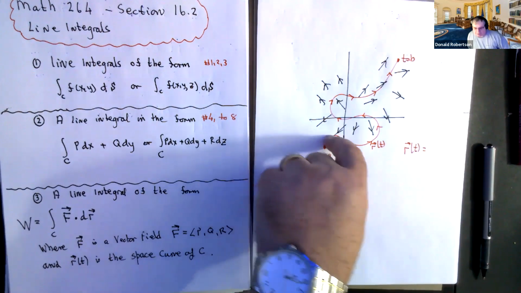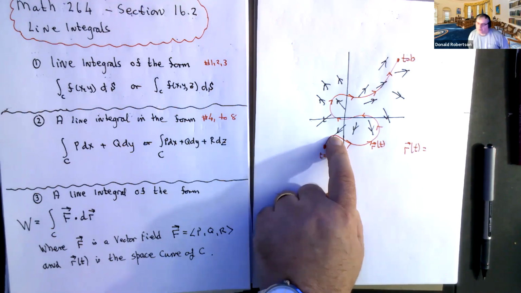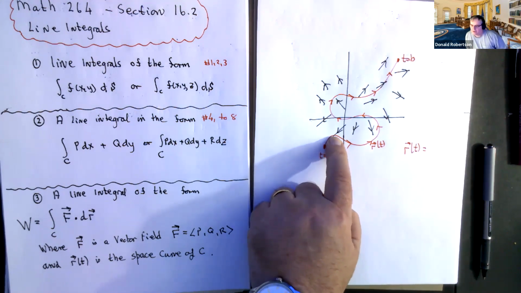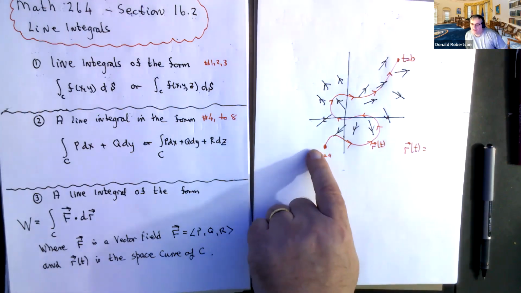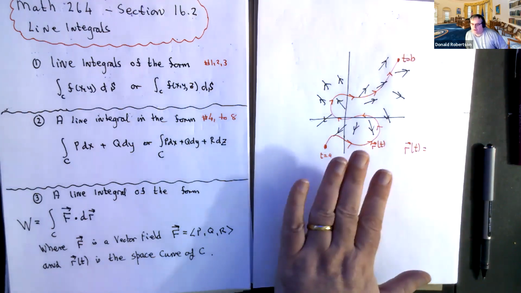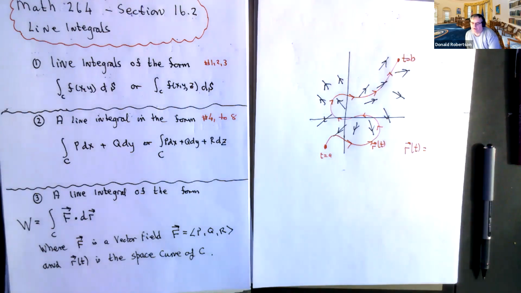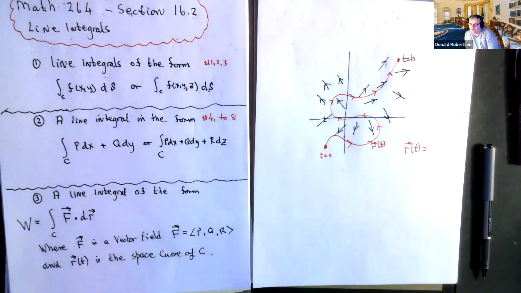At any given point on that curve, won't there be a vector associated with it? Some of the vectors will be pushing it backwards. Some of the vectors will be pushing it onwards. So can you imagine a boat taking a rather circuitous route on the surface of a river? What you are calculating with this is the work done in getting from here to here.